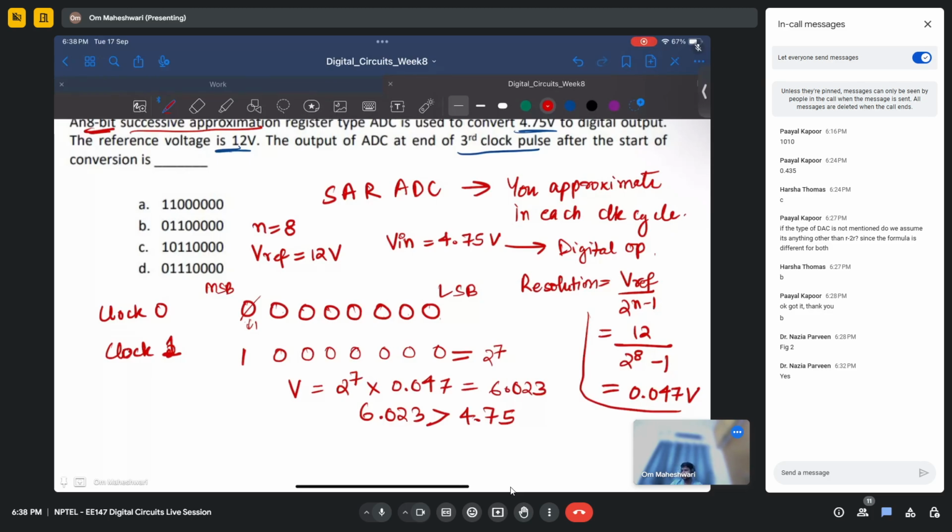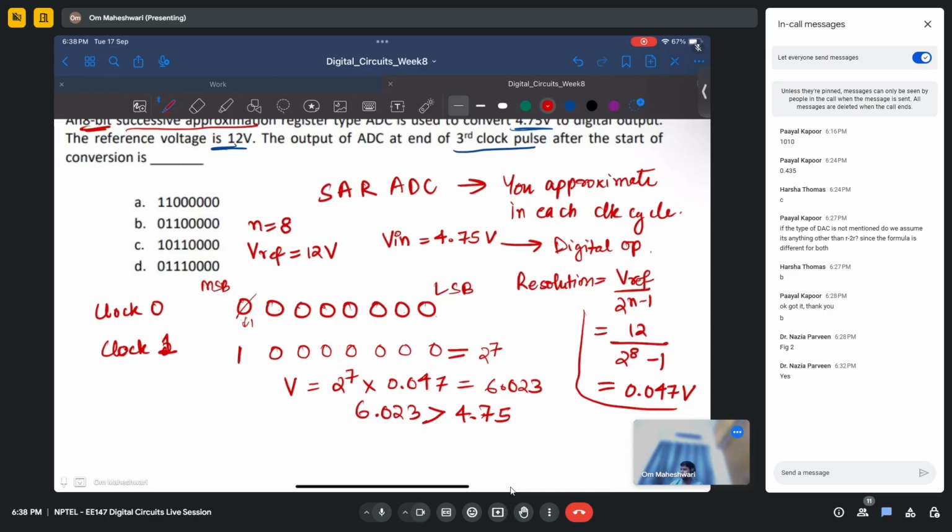So since it is greater than 4.75, you will flip this bit. You will not retain this. You will make it 0 again, and you will change the next one to 1. So in the next clock cycle, this one remains 0. Now you change the second bit to 1. Now this is 2 to the power 6.